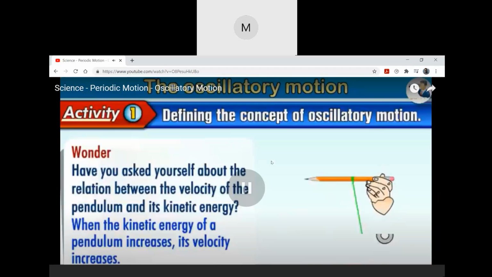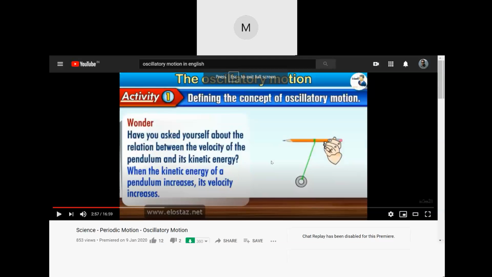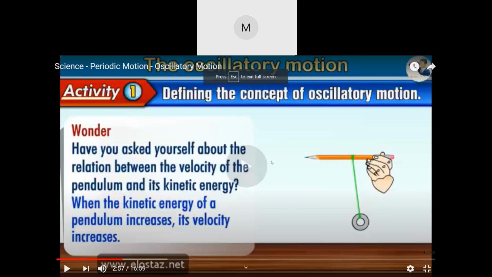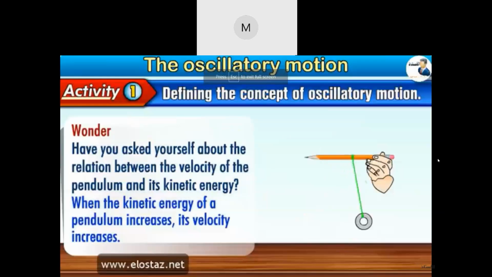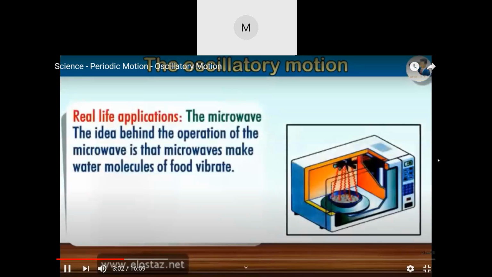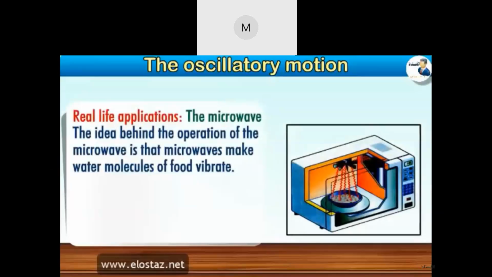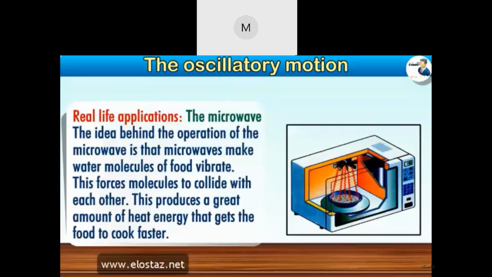energy of a pendulum increases, its velocity increases. Real-life applications. The microwave. The idea behind the operation of the microwave is that microwaves make water molecules of food vibrate. This forces molecules to collide with each other.